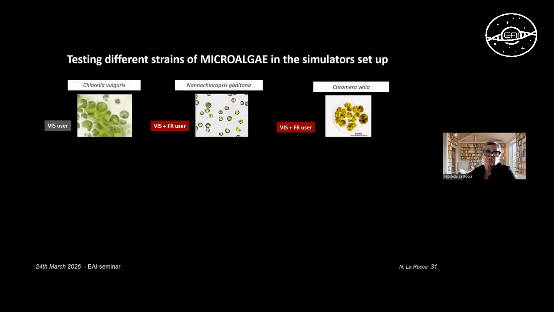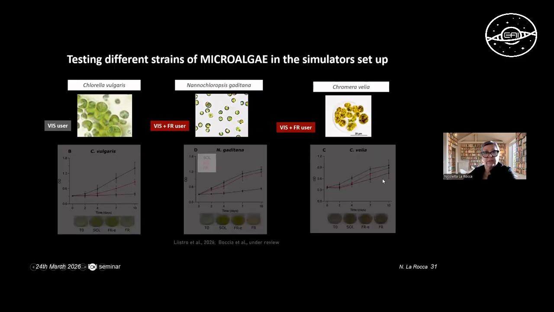Then we moved to microalgae. We also utilized in this case visible users and visible plus far-red light users. We considered Chlorella vulgaris, which is a freshwater organism, and Nannochloropsis gaditana and Chromera velia. Nannochloropsis lives in coastal waters, while Chromera velia is a symbiont, as I told you earlier.